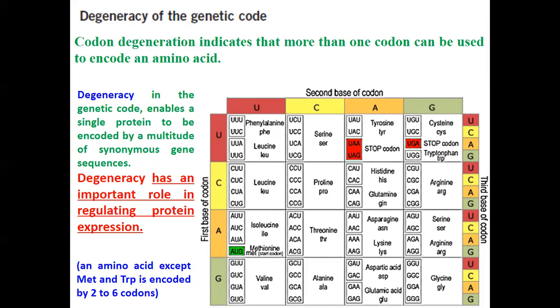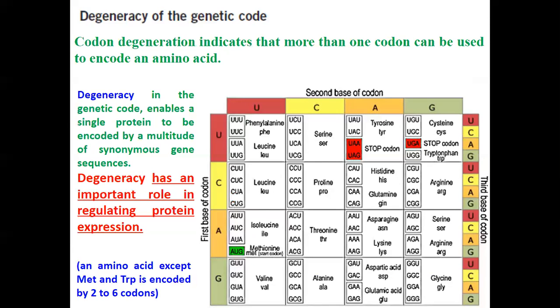Although each codon is specific for only one amino acid or one stop signal, the genetic code is described as degenerate or redundant because a single amino acid may be coded for by more than one codon. So here is the explanation for the 64 codons.